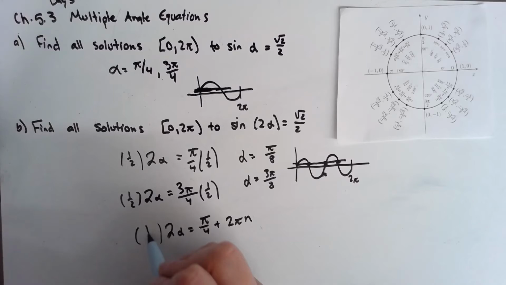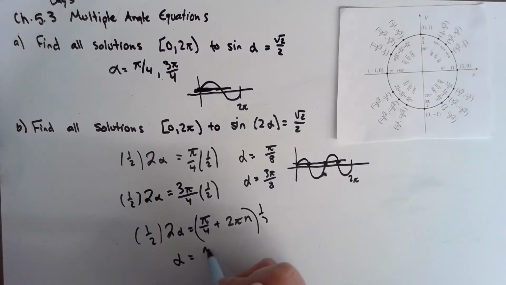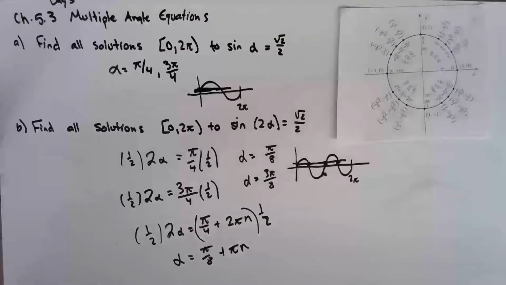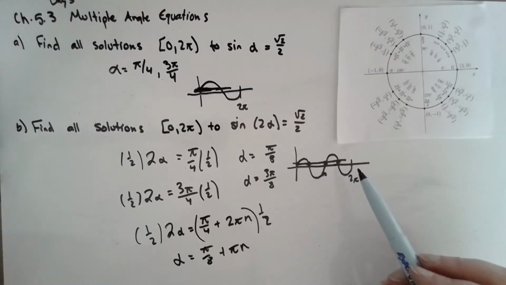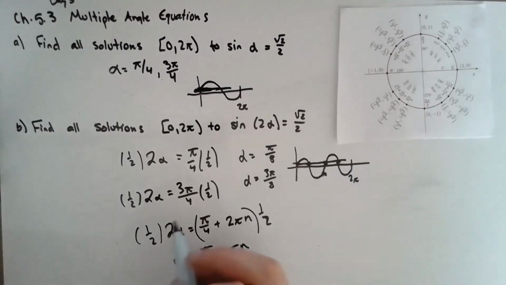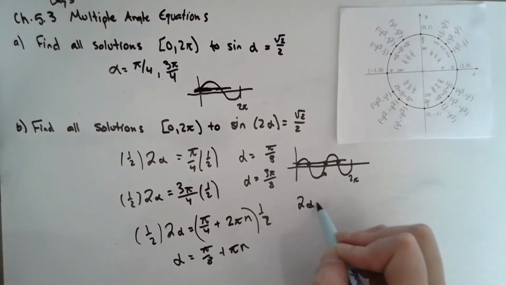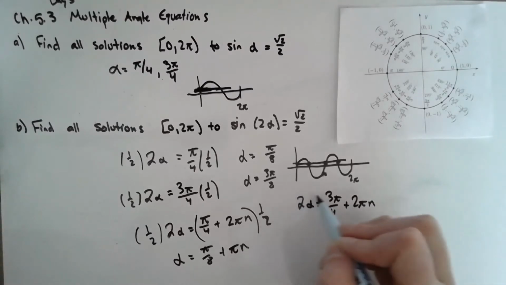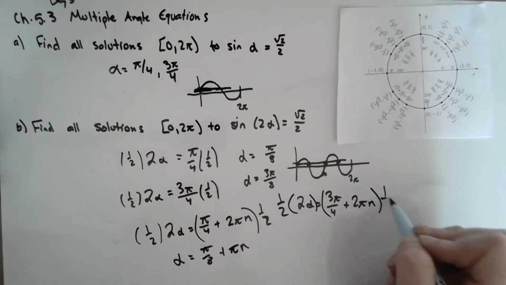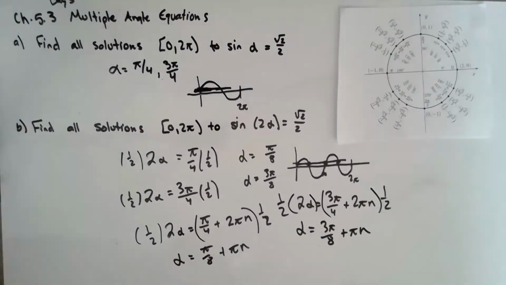Then if I take this and times it by half again, because I want to get alpha by itself, I'd get alpha equals pi eighths plus pi n, meaning that every pi I am going to get this repeated pattern. And if I did that for the other one as well, 2 alpha equals 3 pi fourths plus 2 pi n, times it by a half, I'd get alpha equals 3 pi eighths plus pi n.